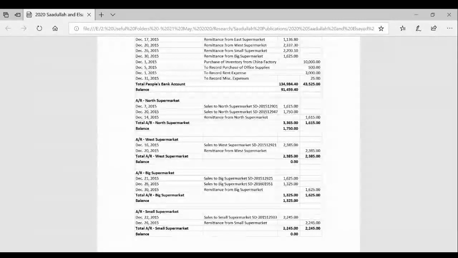You see here, the monetary unit sampling means every single dollar is a unit, but we cannot test a single dollar's accuracy. So when we sample, we have to take particular amounts. We do a random sampling or a systematic sampling, and we pick this amount for North Supermarket, let's say 1615. Then we pick this amount for Small Supermarket, which is 2245.